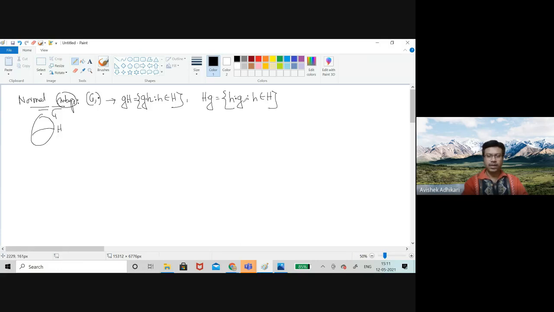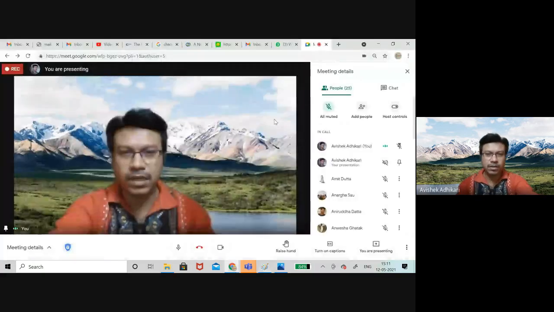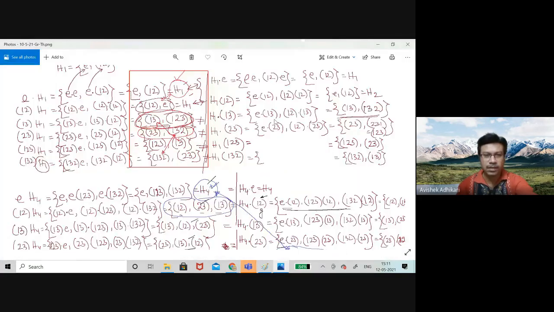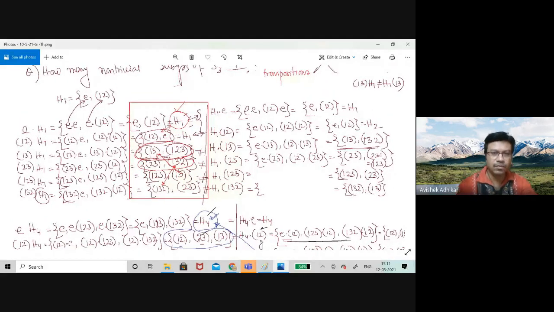Now, in our last class, we did this kind of calculation. It was a detailed calculation. We took H1 to be a subgroup of two elements, H1 was E and (1 2), and for this H1 we calculated the left cosets. Here the dot means the composition of elements.